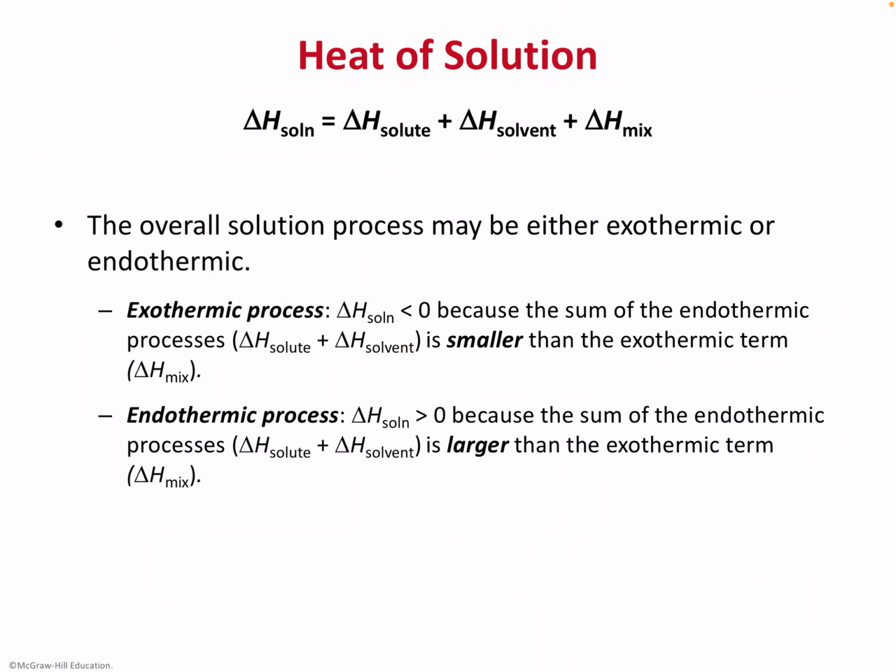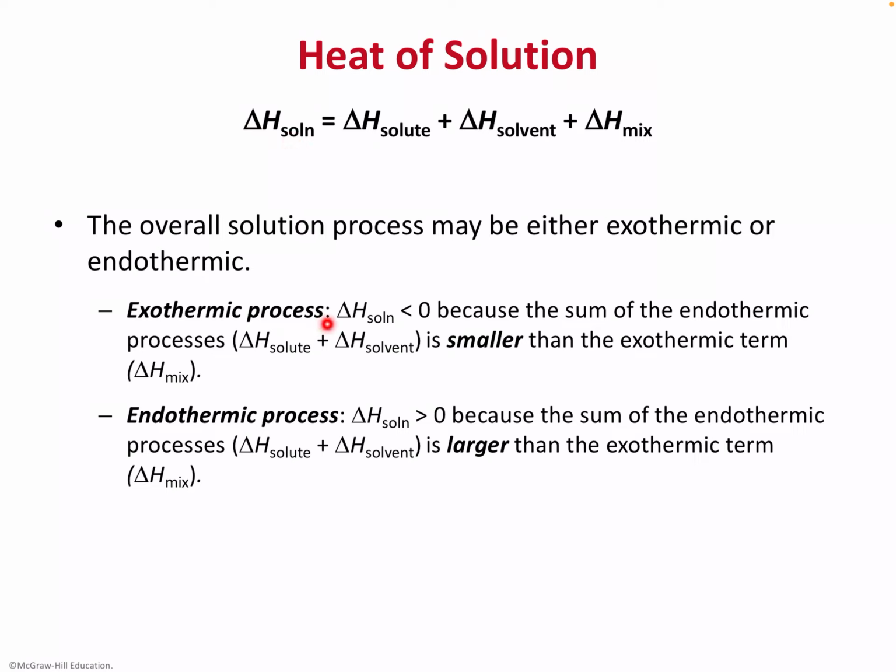Okay, the overall solution process may be either exothermic or endothermic depending on the sizes of these amounts. It could end up being positive or negative. If the delta H solution becomes negative, that's an exothermic process. If the delta H solution becomes positive, that would be an endothermic process.